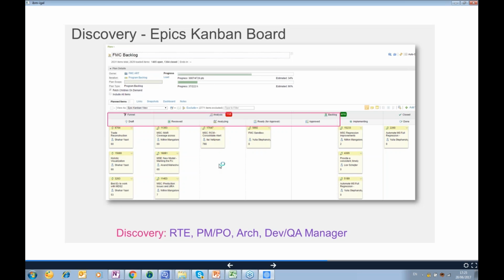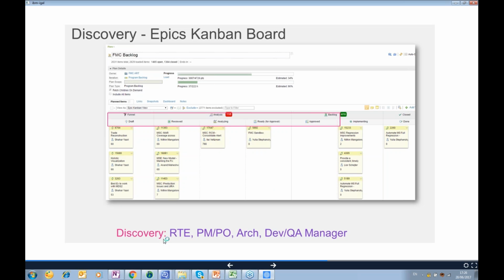We review it, analyze it, until it becomes approved. And once it has been approved, we are ready to take it to the teams for the PI planning. So this is very easy to follow up and monitor on a weekly basis.